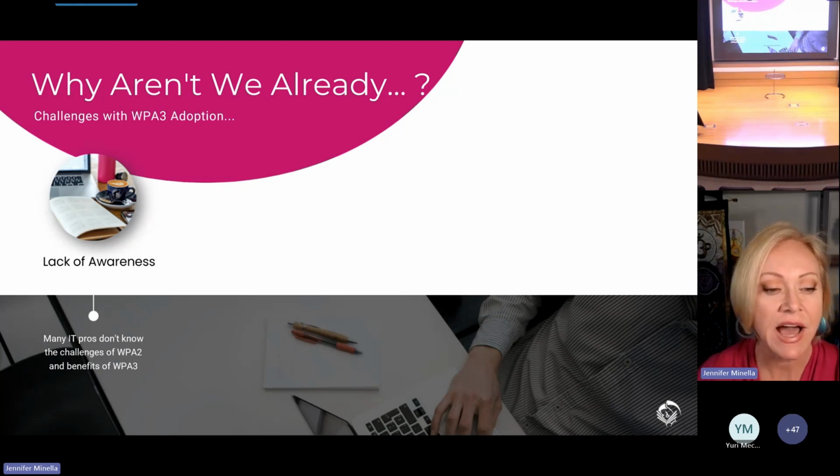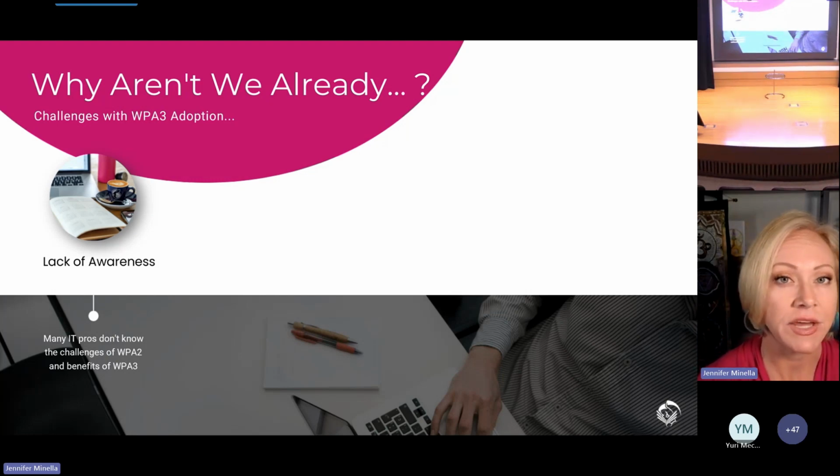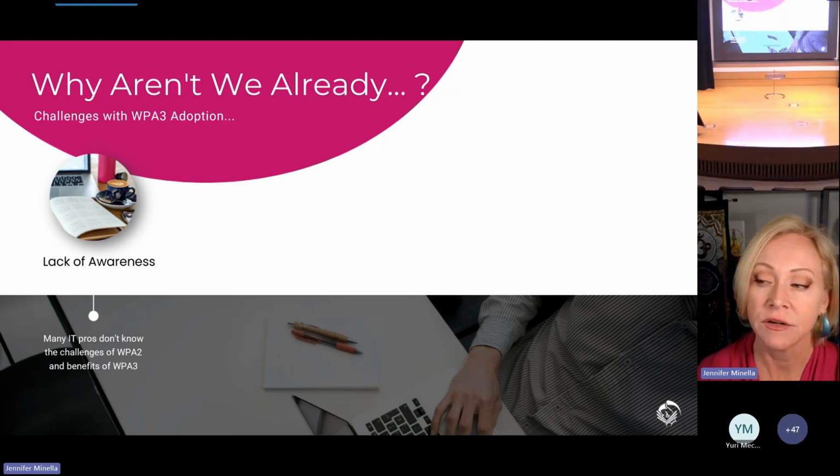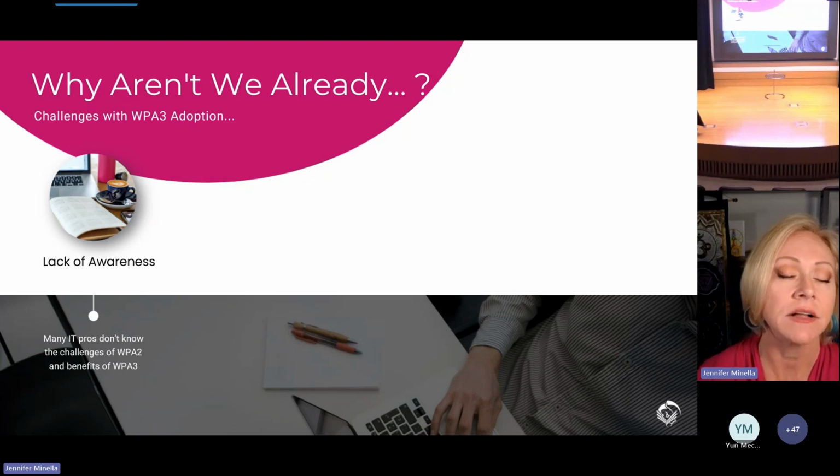And what I mean by that is a lack of awareness about all of the benefits that we get from WPA3 over WPA2. So this first piece is that a lot of organizations out there, a lot of professionals out there just don't understand exactly how much better WPA3 is over WPA2.